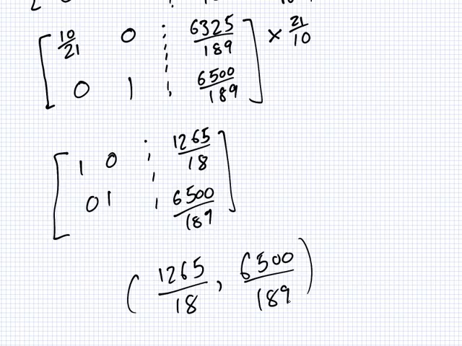And that is the wrong answer. Rats. Made a mistake somewhere. This part is right, this part is wrong. Which means maybe I multiplied wrong. Hang on. 6325 over 189 multiplied by 21 over 10.